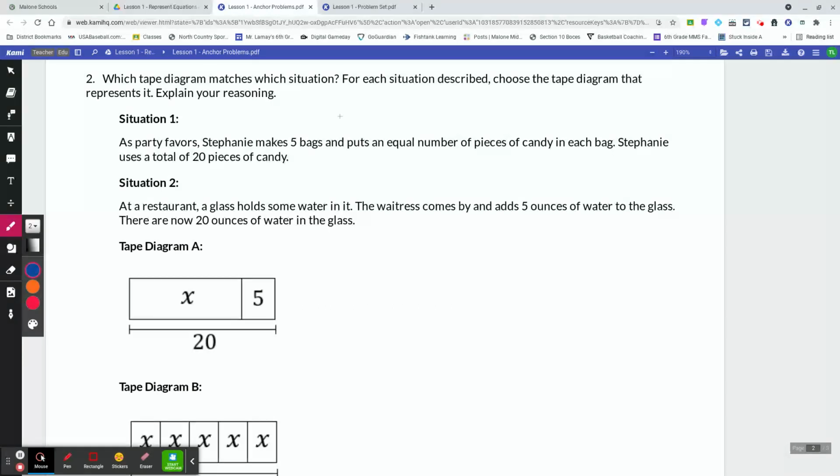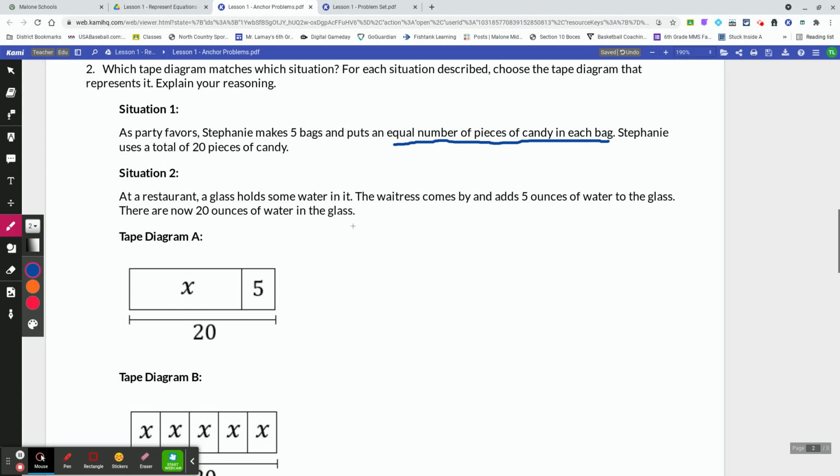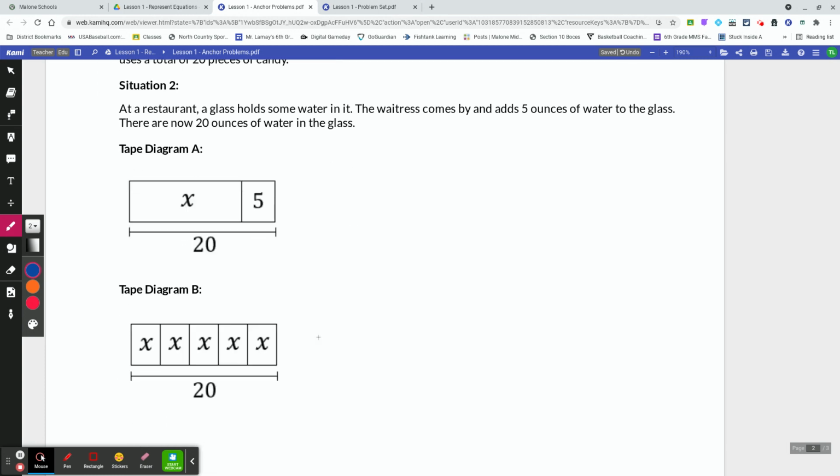So situation 1 says, party favor, Stephanie makes 5 bags and puts an equal number of pieces of candy in each bag. That's key here for what it says. Stephanie used a total of 20 pieces of candy. Well, this is situation 1 right here, because it's an equal number in each bag, and that's what the X means.